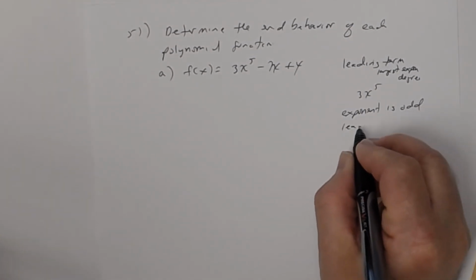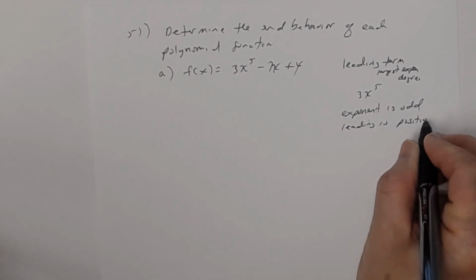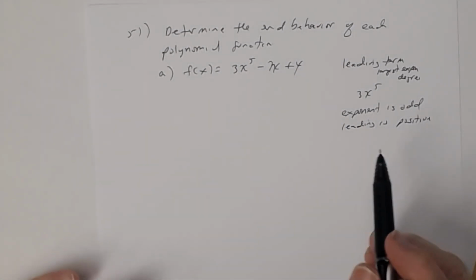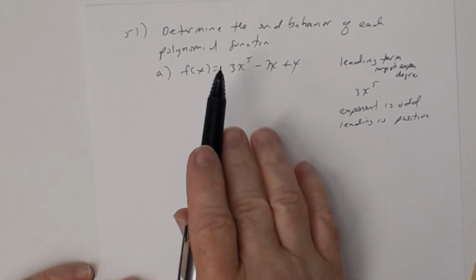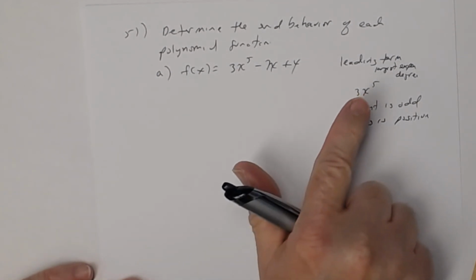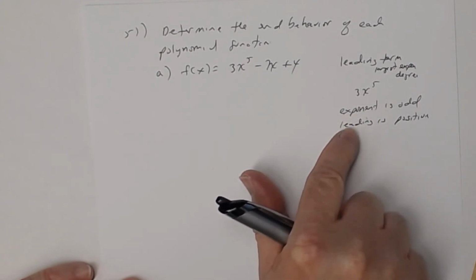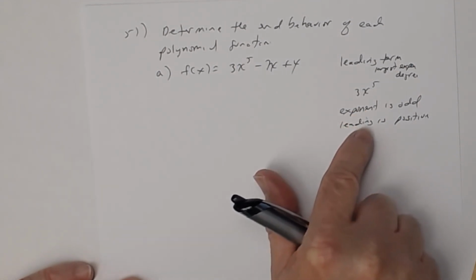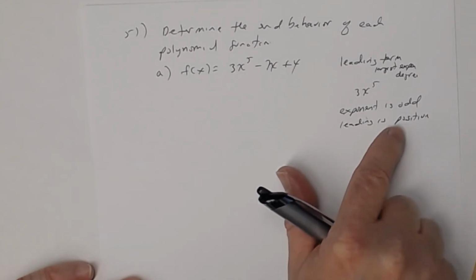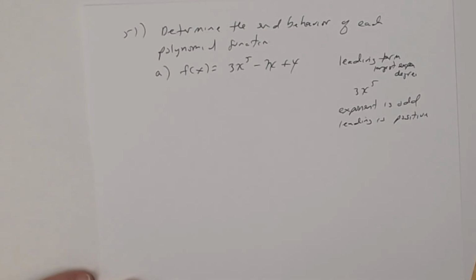Those are the two things you need in order to determine the end behavior of a polynomial function. Once you know them, you'll be able to tell me the end behavior.